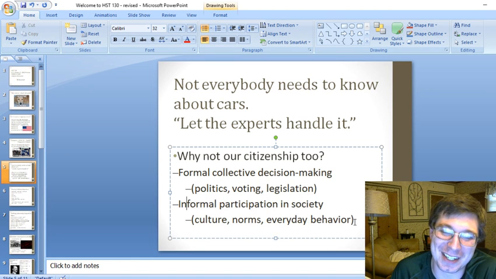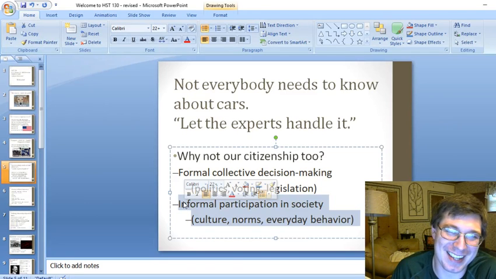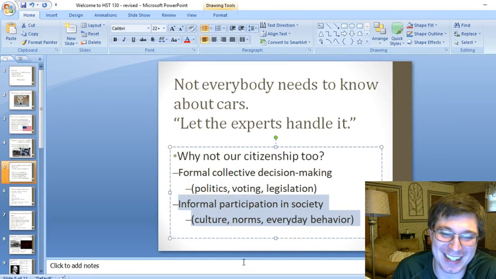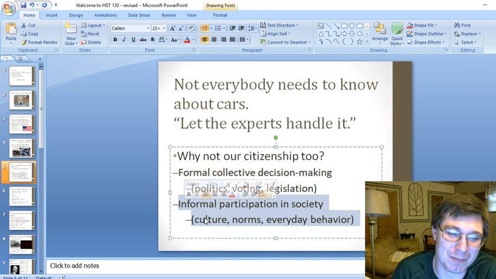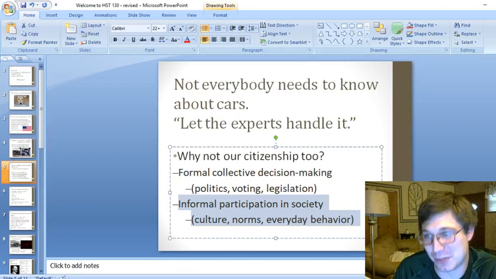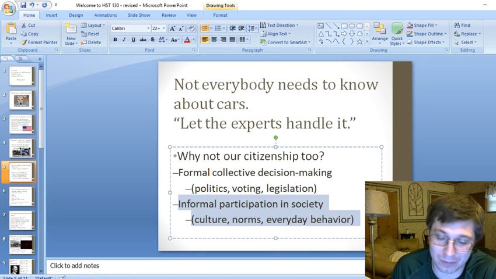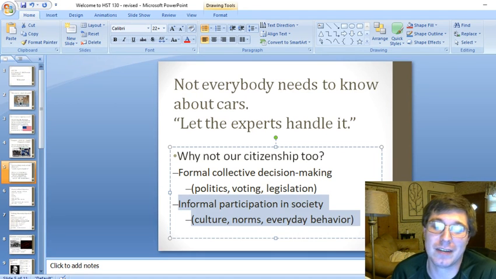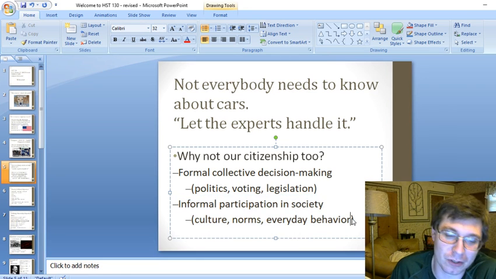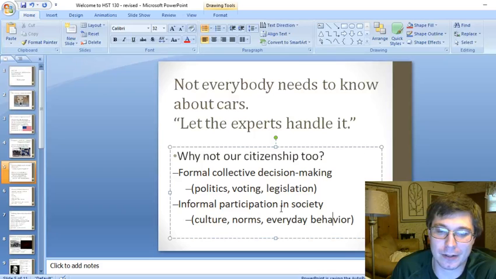Even they, to some extent, participate as citizens in American society in this sense, which some people might consider a good thing, some people might consider a bad thing, that they're allowed to have this influence on American society. But they do, for better or worse, have an effect on shaping our culture and norms and whatnot. And this is something that everyone in America does.